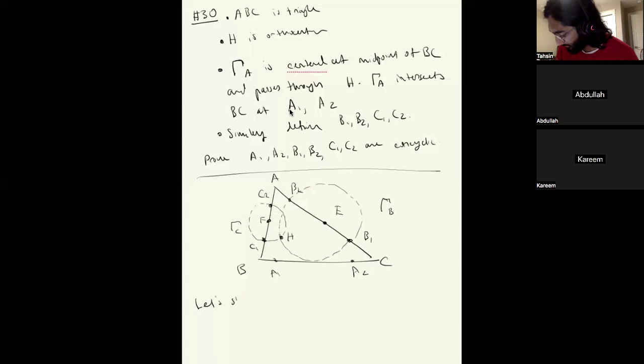Let's start by showing that 4 are concyclic. A natural choice is the 4 that I drew, taking 2 pairs. So let's start by showing B1, B2, C1, C2 are concyclic, and then we'll worry about all 6 of them together. Great, so we should start there.